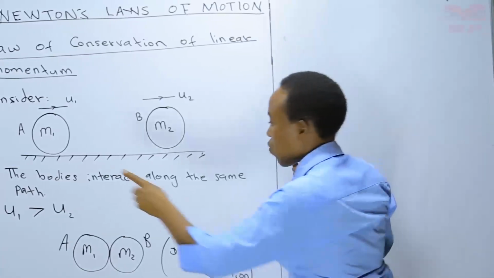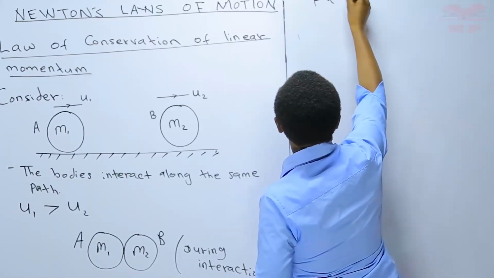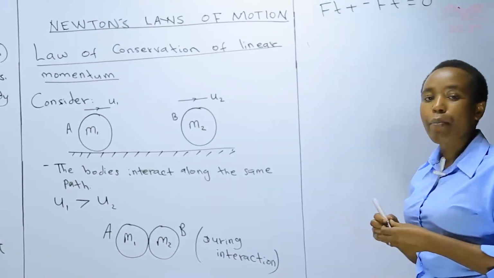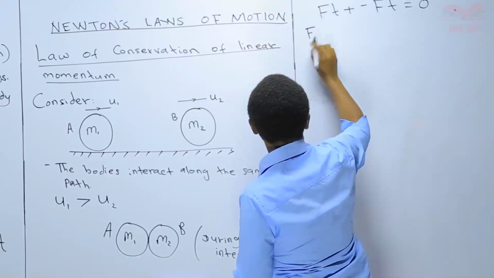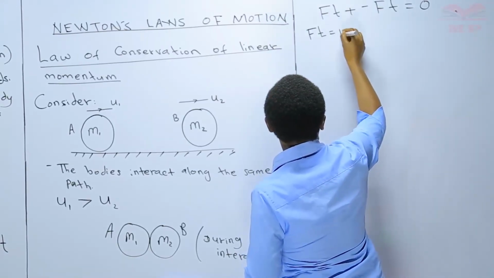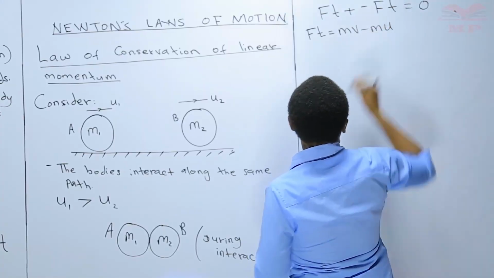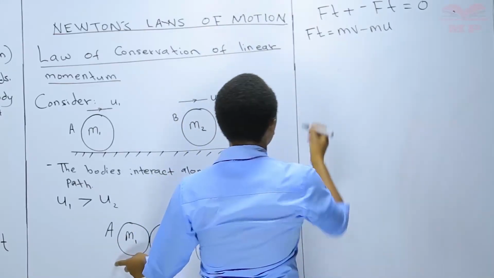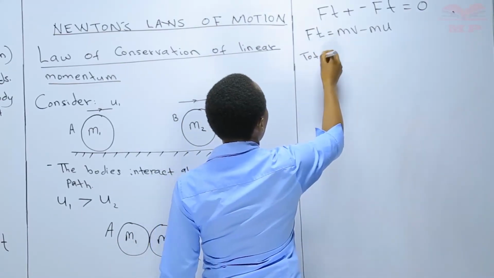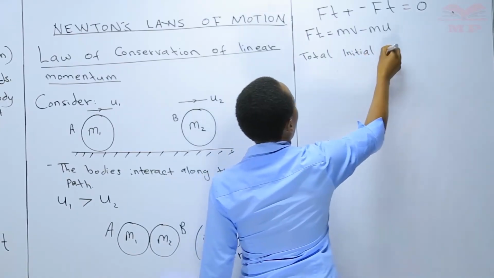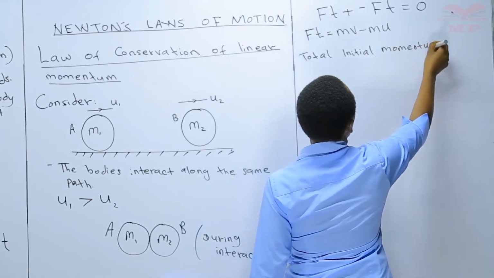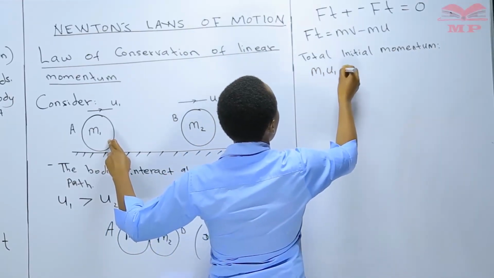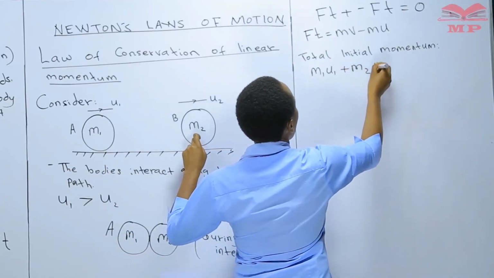For body A and for body B, we are going to have Ft plus negative Ft, which is equal to 0. Because we know very well that impulse Ft is given by the change in momentum, the total initial momentum for the two bodies is, for the first one, m1 u1, and for the other one, m2 u2.